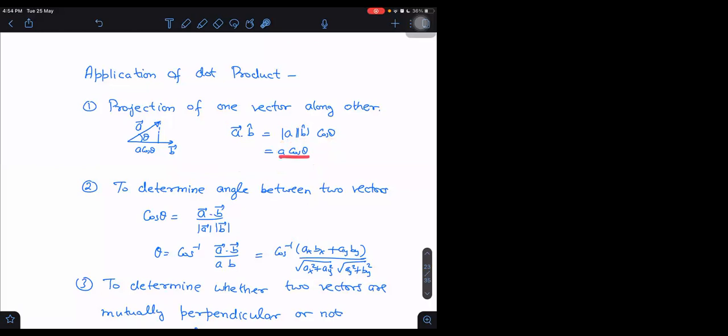So A cos theta into 1, and that one I can replace with B cap mod. Then, if I have one vector into a second vector into cos theta, it is nothing but the dot product. So I can just write it as A dot B cap. Therefore, projection equals A cos theta, but that A cos theta can also be written as A dot B cap. Understood?